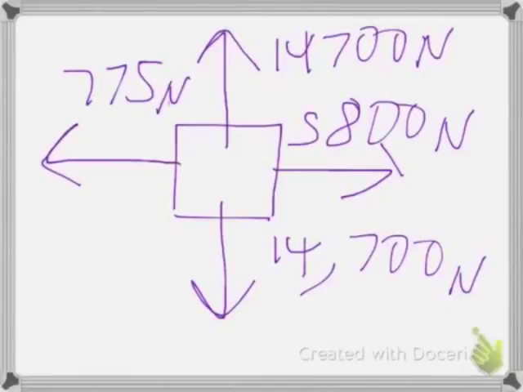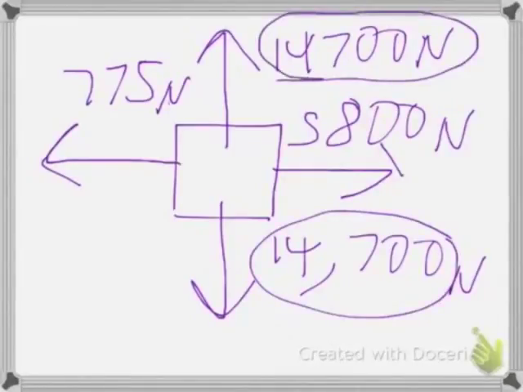It's telling us to find the net force. So let's take a look at our arrows. We've got one here and one here going in opposite directions, but they're the same number, both 14,700. So those two forces completely cancel out because they're equal and opposite.